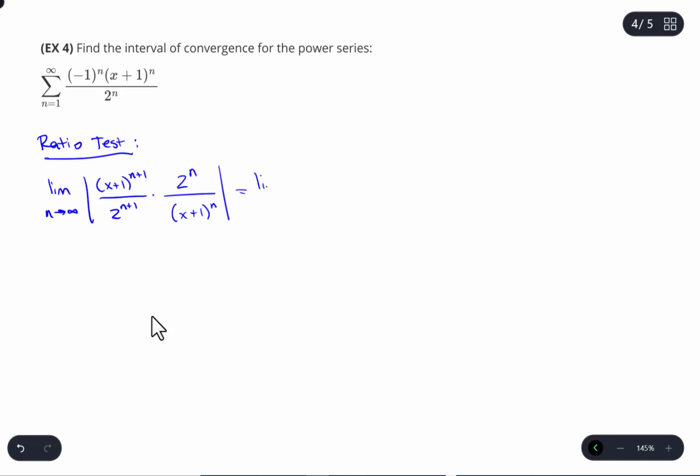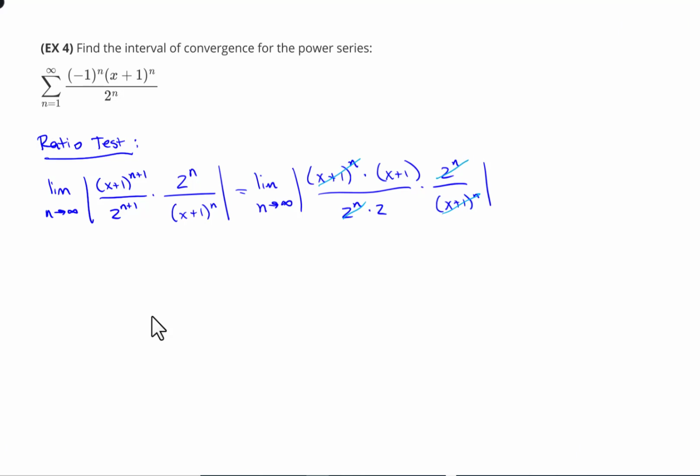Okay, now the next step is generally doing a little bit of algebra to simplify things. Here I could express this as x plus 1 to the nth times x plus 1 over 2 to the n times 2, and this would be 2 to the n over x plus 1 to the n. So the x plus 1 to the n will cancel, 2 to the n will cancel, and there's no other terms with an n here, so this whole thing's just a constant.